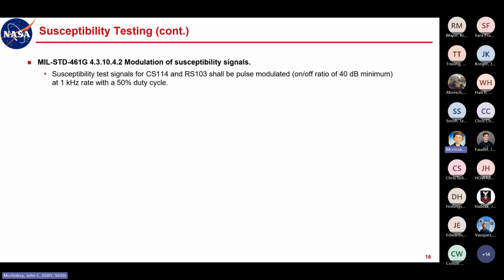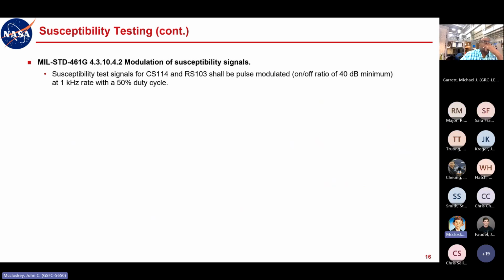A little review of modulation. We did talk about this in an earlier session, but I think this bears repeating. The MIL standard specifies that for CS114 and RS103, the test signal shall be pulse modulated at a 1 kilohertz rate with a 50% duty cycle.